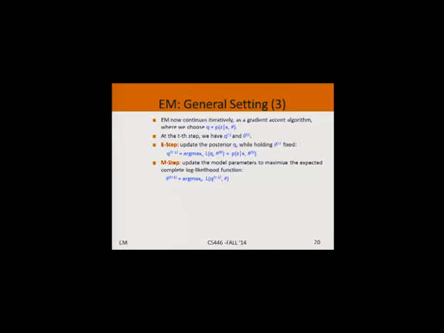And in the M step, I'm going to assume that I got this, and I'm maximizing the log likelihood of the function given the old parameters that I had and the new estimate Q of t plus 1.